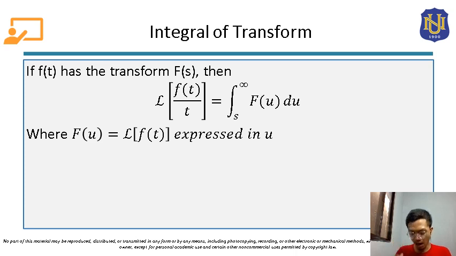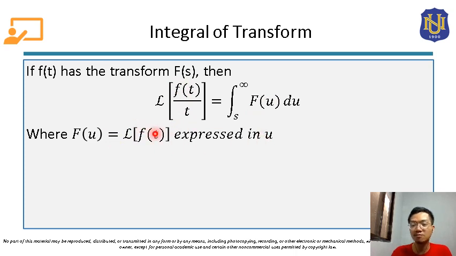Let's say that our function here is e raised to 8t over t. Our f of t for that is e raised to 8t, and we can just use this. This F of u is actually the Laplace transform of f of t, but expressed in u.